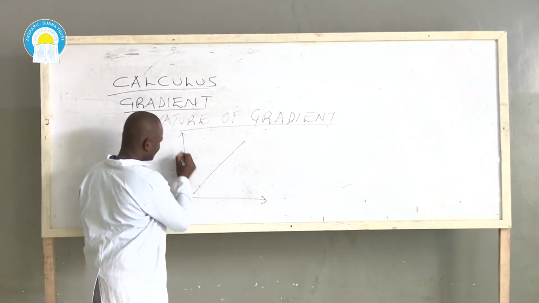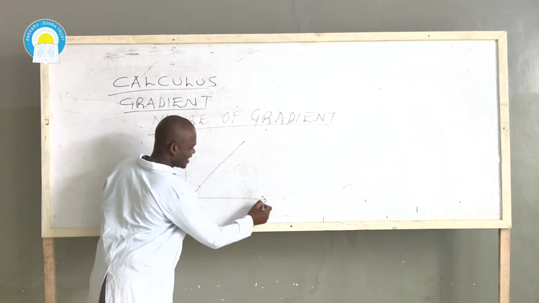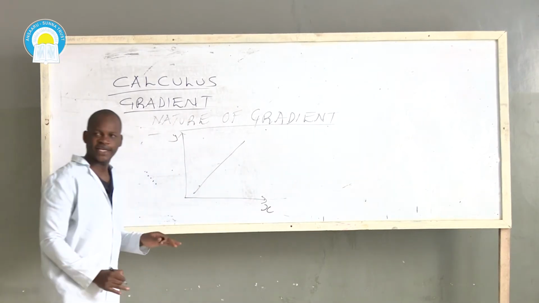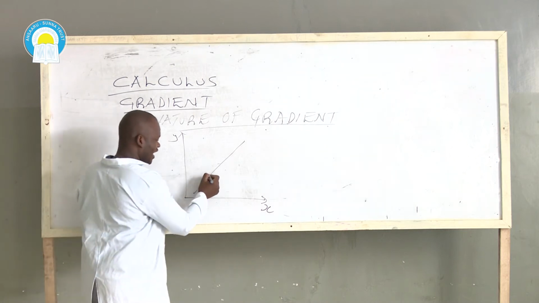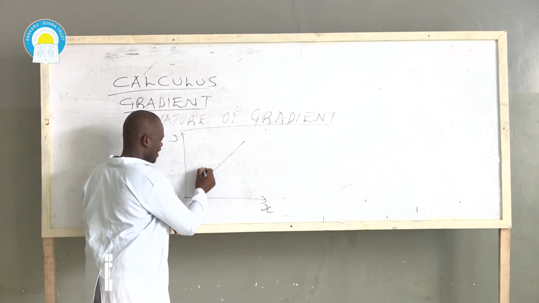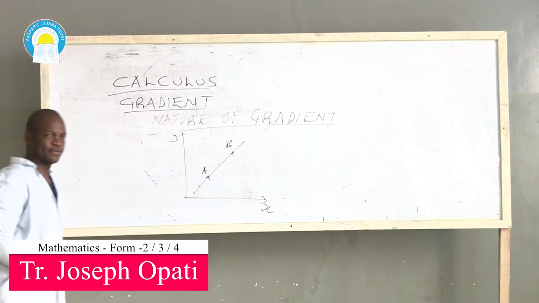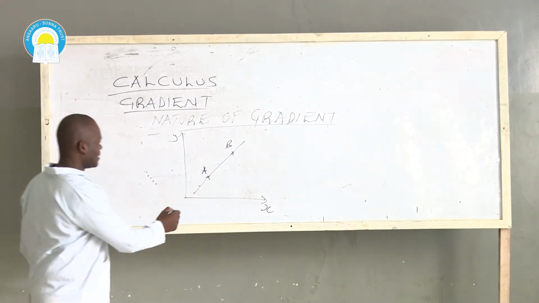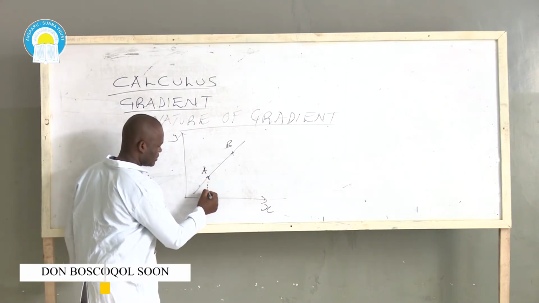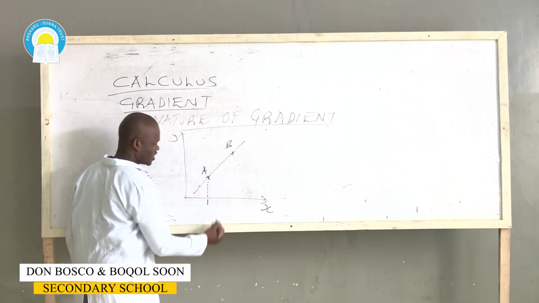Again, like in the other case, recall this is my y-axis, that's my x-axis. Now, I will choose 2 points. We have point A and point B. Now, in terms of the x value, point A has a value of 1.